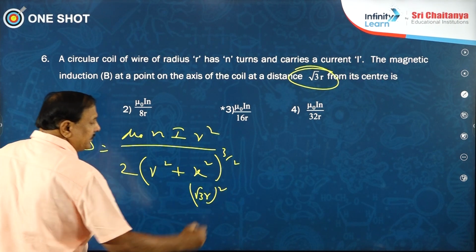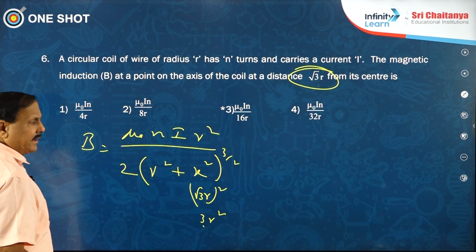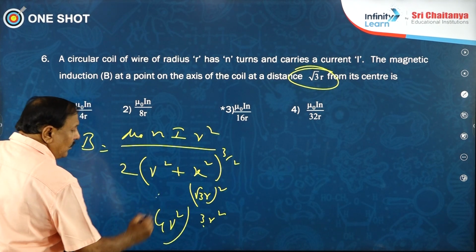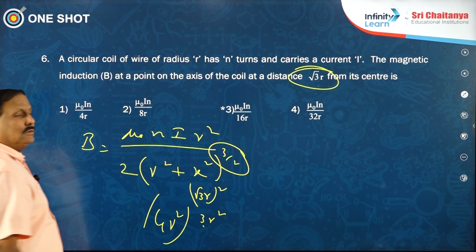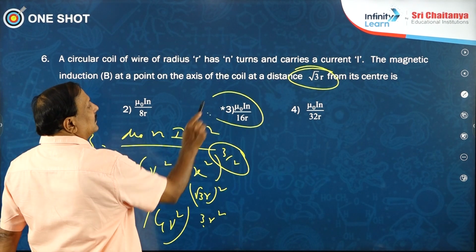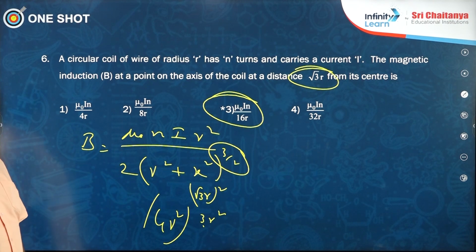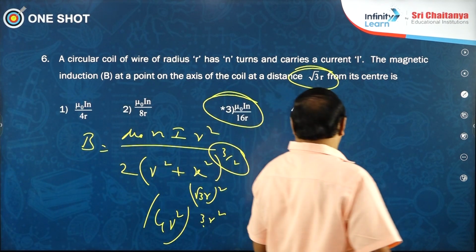So x becomes root 3 r whole square, which is 3 r square, plus r square, 4 r square, whole power 3 by 2. First work out the half power of 4 r square, that is 2 r, whole cube, 8 r cube, totally you will get 16. Verify the solution and remember this formula.